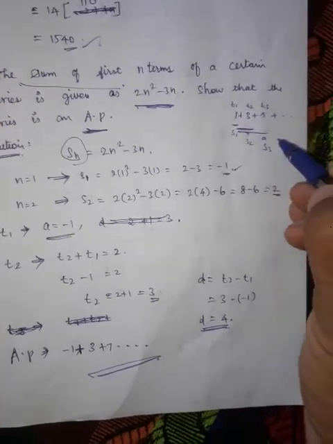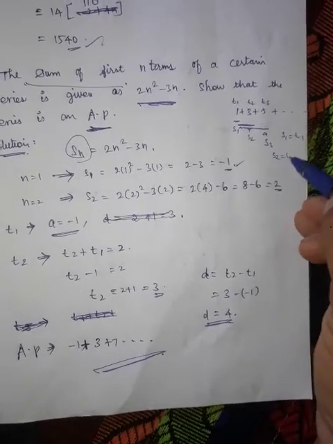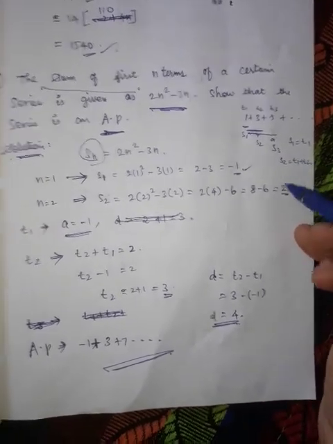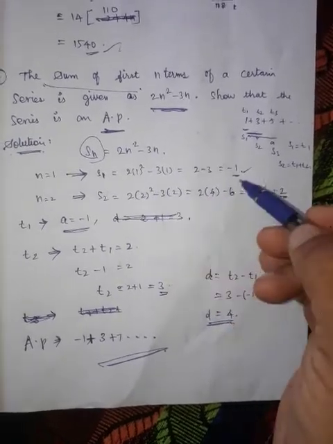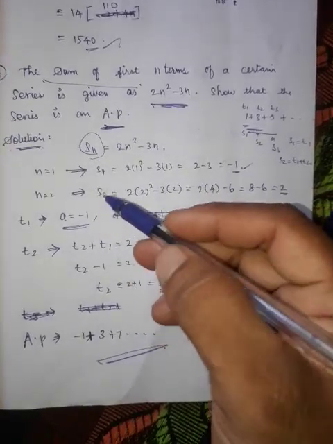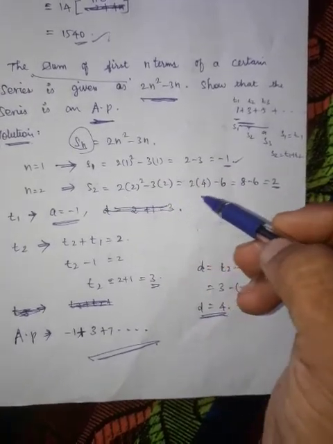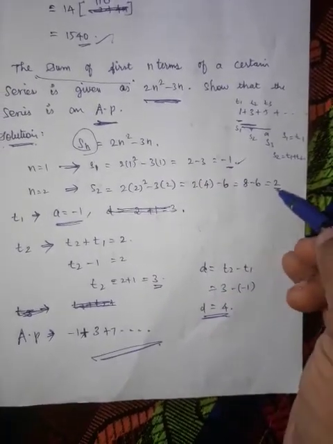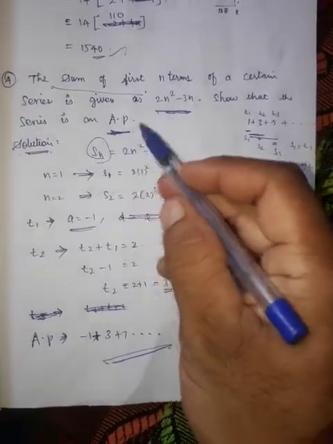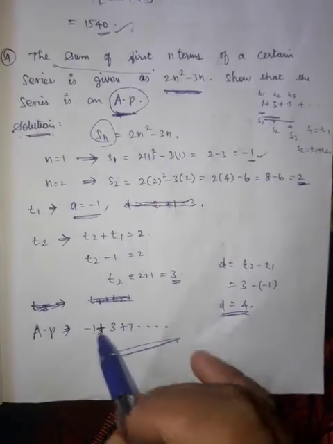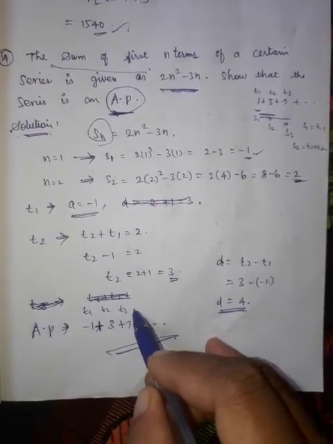So S1 equal to T1 only, and S2 equal to T1 plus T2. You will understand better here. Substituting n equal to 2, S2 equal to 2 times 2 square minus 3 times 2, which is 8 minus 6, so 2. But they ask for the AP series, which is formed by T1, T2, T3, the first term, second term, third term.